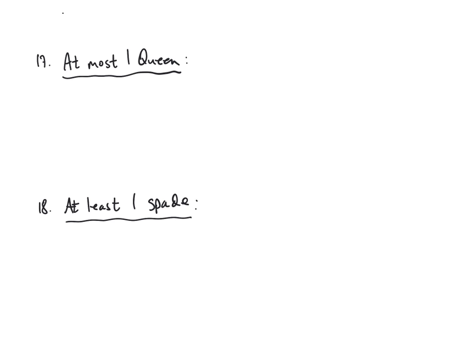So 2 is no good, 3 is no good, 4 is no good. What's equivalent to at most is picking 1 queen or 0 queens.